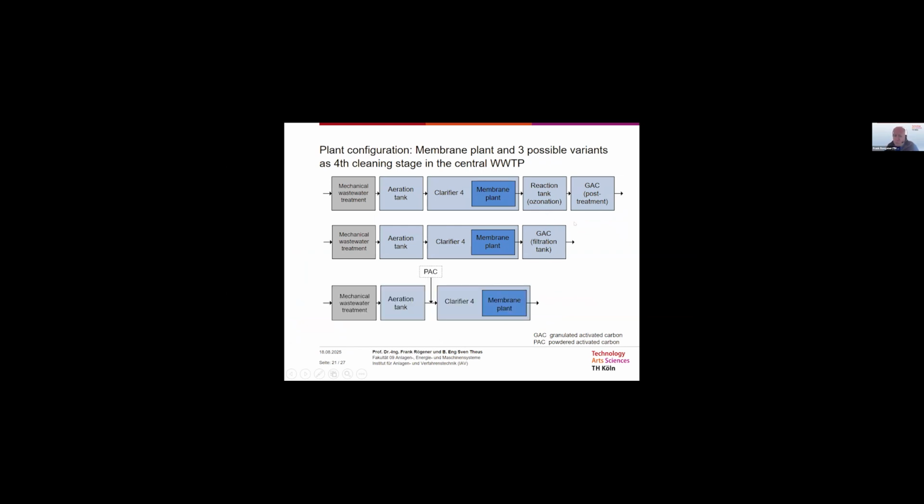The third alternative, as I said, would be to add the powdered activated carbon into the respective tank with the membrane bioreactor, and this substance is removed together with the biomass. These options are all possible, and I think the third option would be the most interesting one in terms of costs and in terms of the footprint.